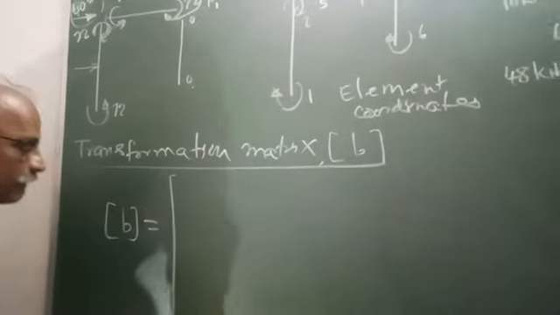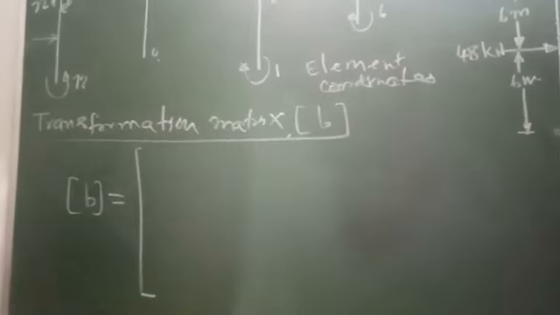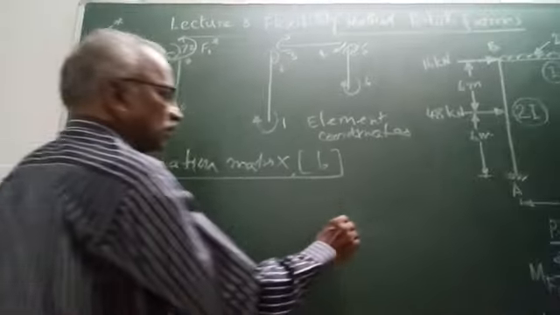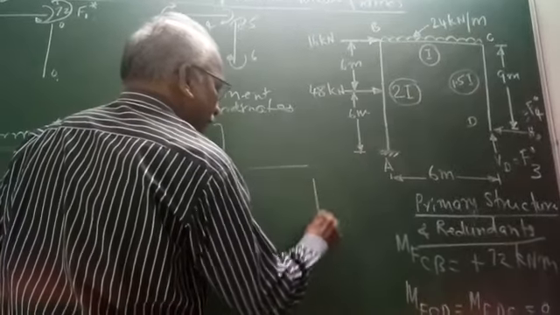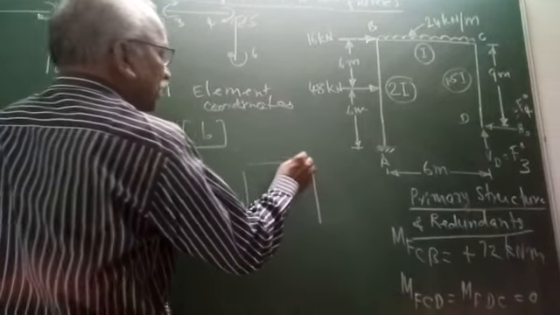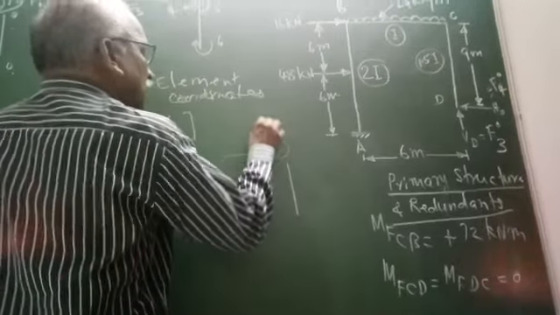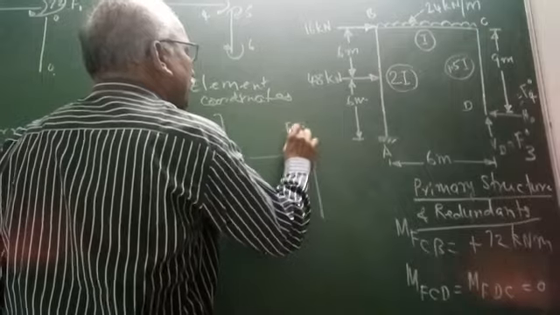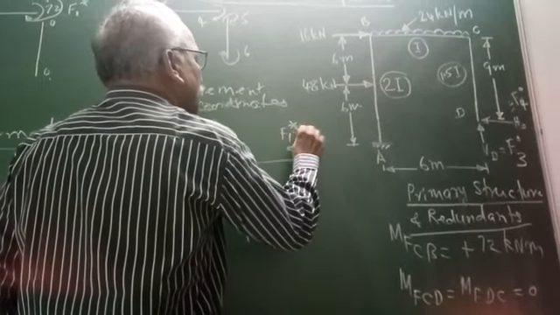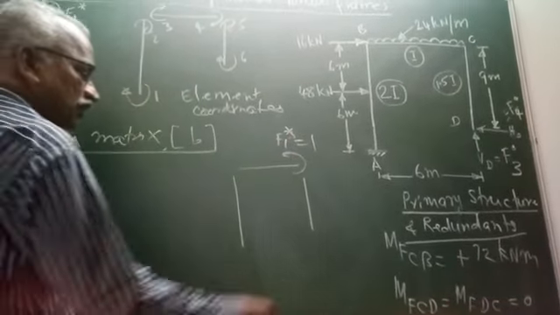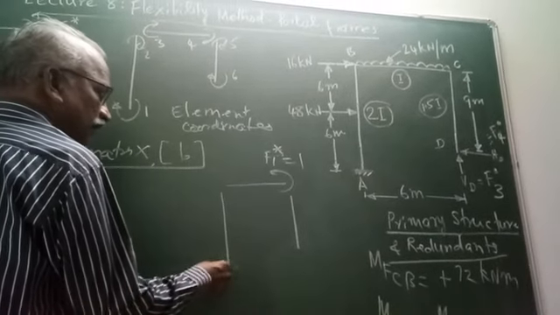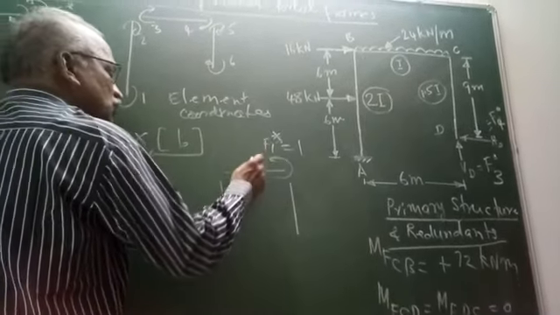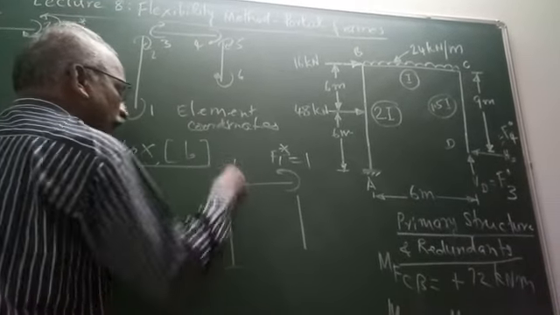B will be by applying F1 star equal to unity. So here when we apply F1 star equal to unity, this is a free end now, we have released this. So this is fixed, therefore when this is minus 1, this will be plus 1.